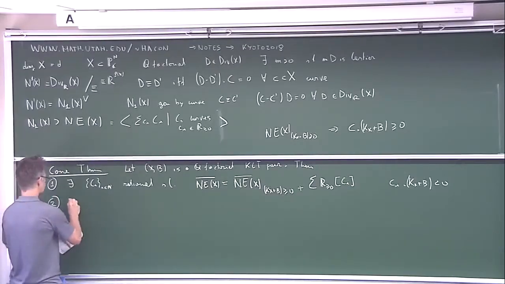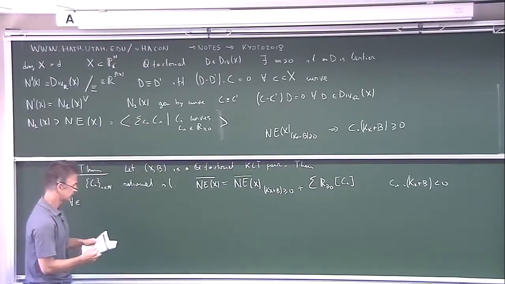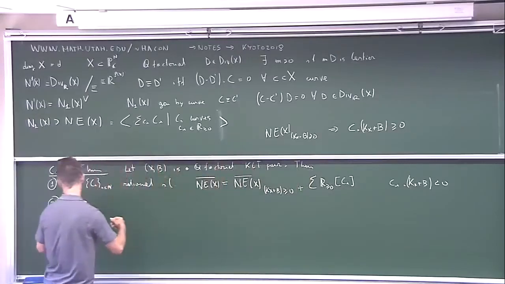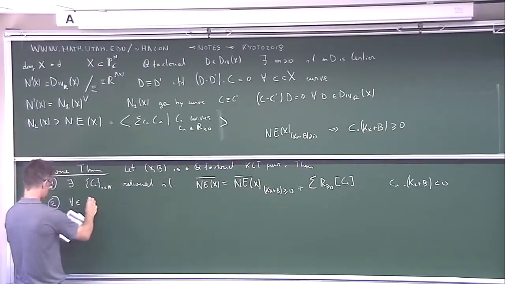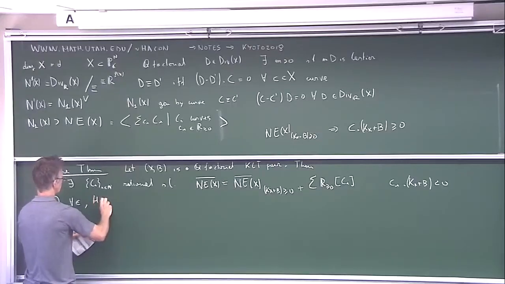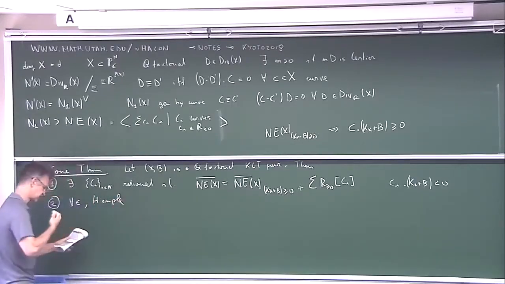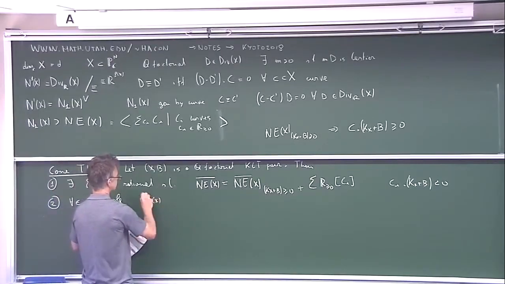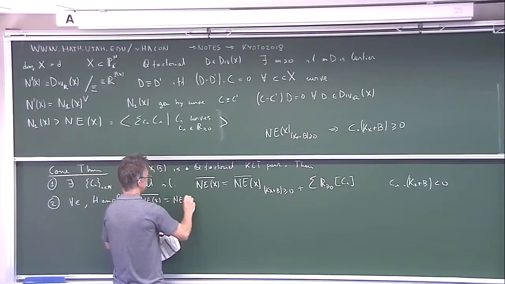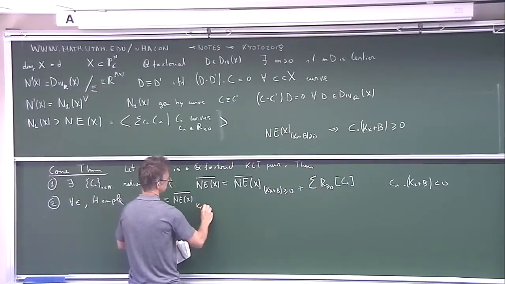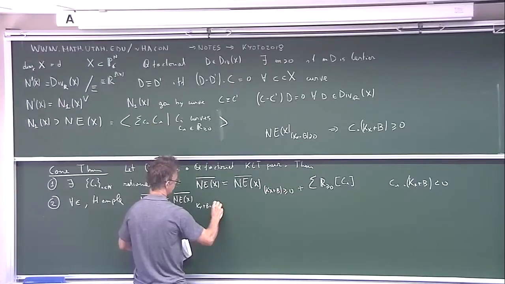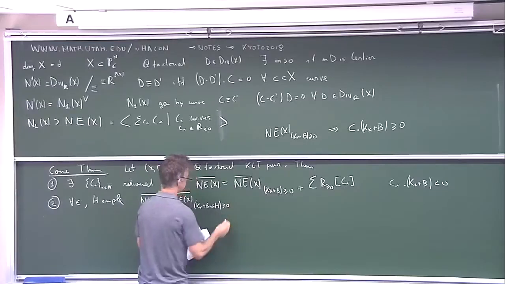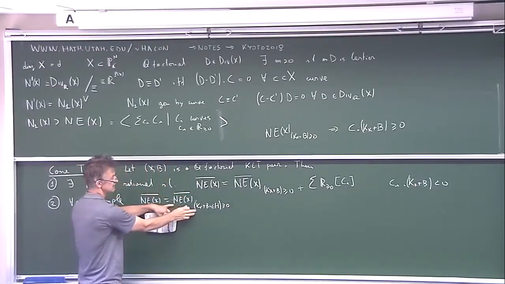Now I'm going to make the statement that these rays only accumulate close to this hyperplane kx plus b equal to 0. For every epsilon greater than 0 and h ample, I could have just said any ample Q divisor, then NE bar of x is contained in NE bar kx plus b plus epsilon h greater or equal to 0, plus finitely many rays. So this cone is slightly bigger than this.